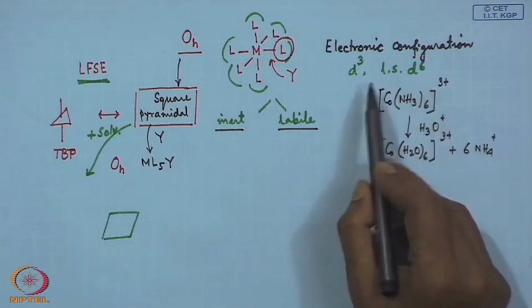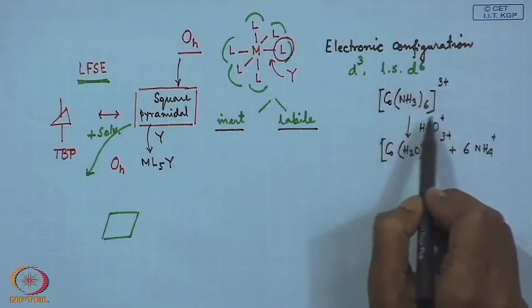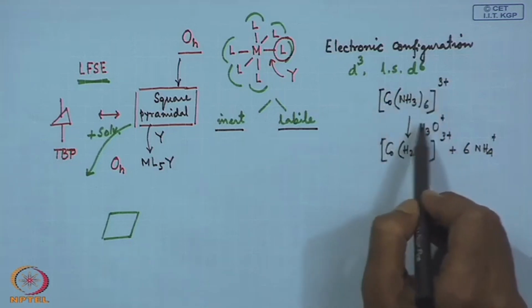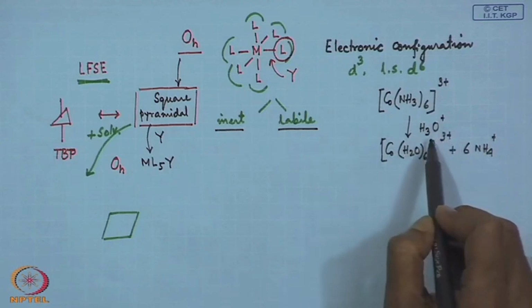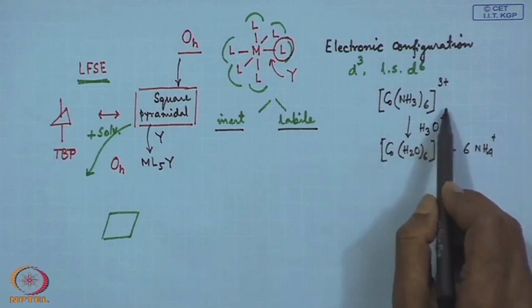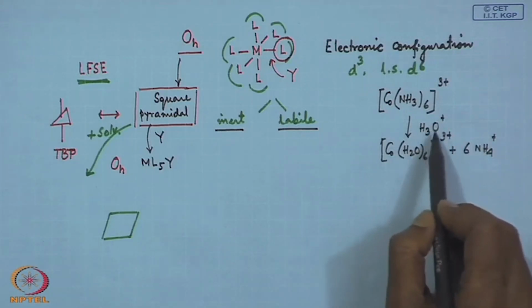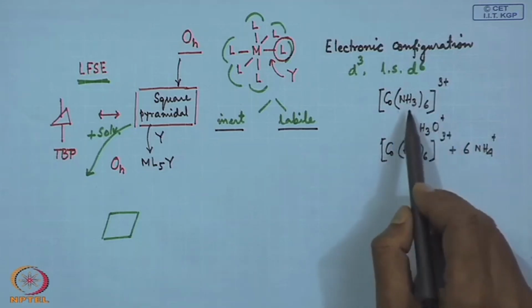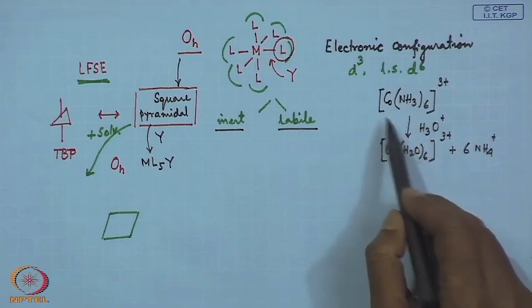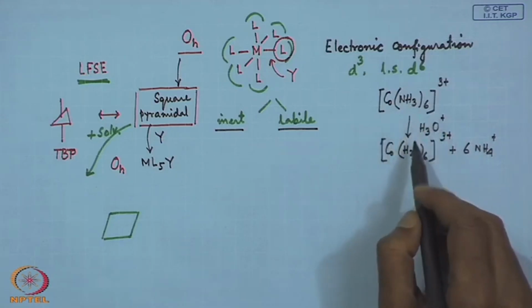So, it is a very substitutionally inert molecule, and that inert molecule goes for the reaction with the acid, or the proton which is aquated, that means H3O plus. The rate of this reaction is very slow and we get a corresponding inert species.